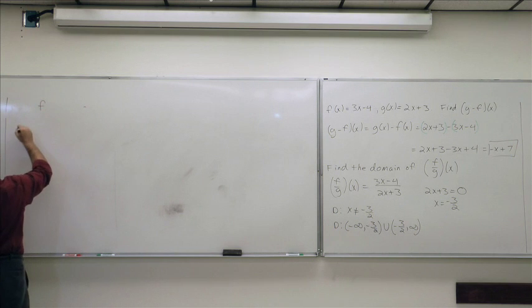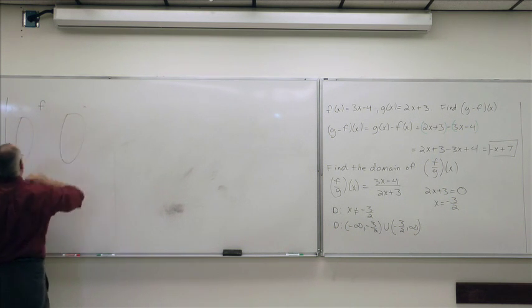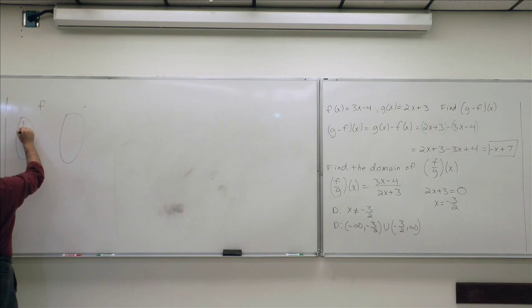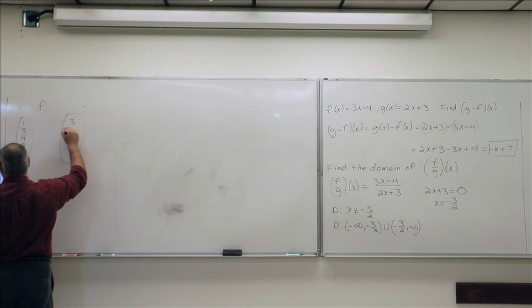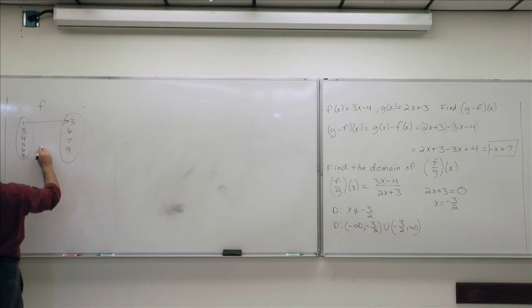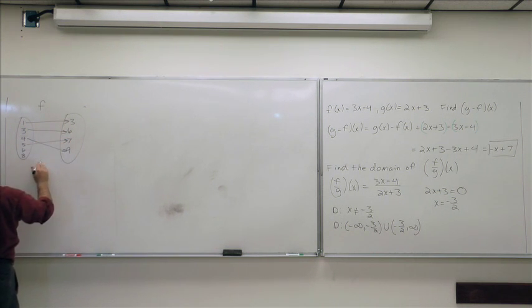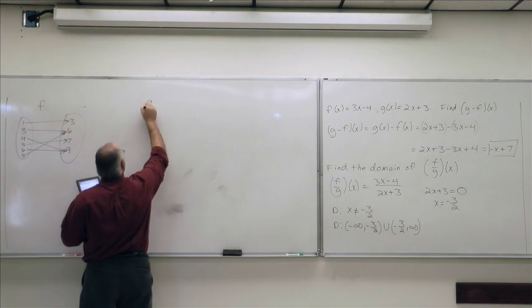So we have function f. 1, 3, 4, 5, 6, 8 to 3, 6, 7, 9. 1 to 3, 3 to 6, 4 to 9, 5 to 7, 6 to 9, 8 to 6. Now we have g.